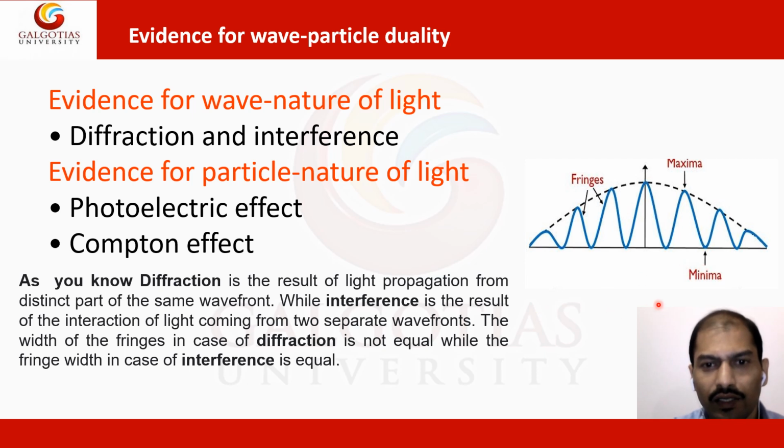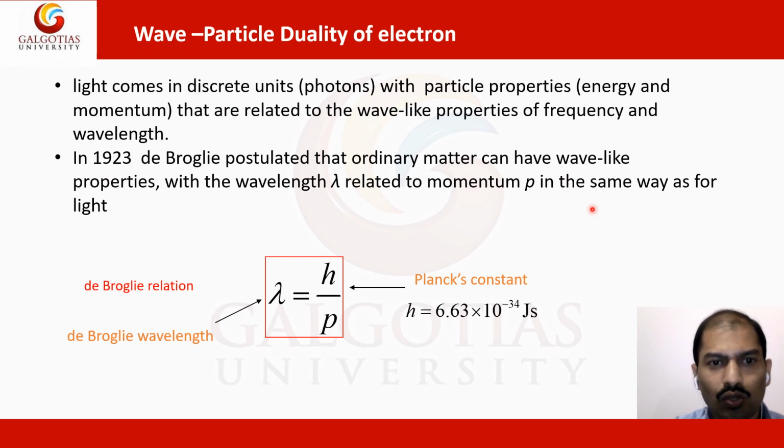In the case of diffraction, the widths of the fringes are not equal, while the fringe widths in the case of interference are equal. These are the spaces you are looking at, and these are the maxima. From this image you can see it in a very easy way, so now it is in a very simplified way.